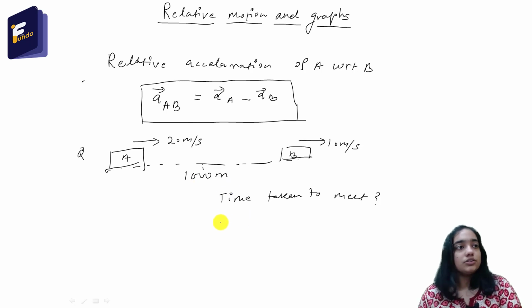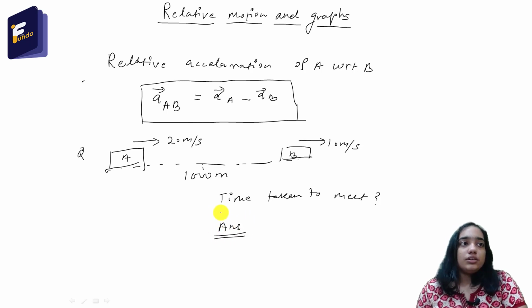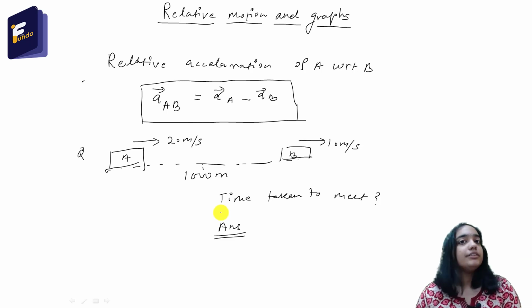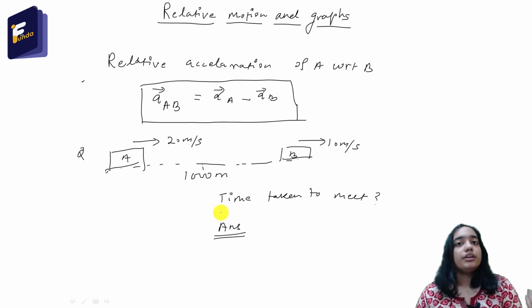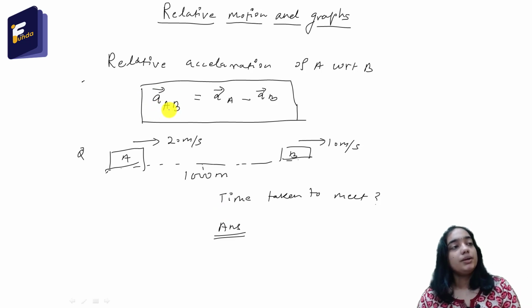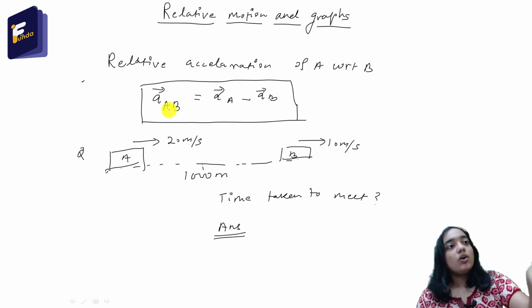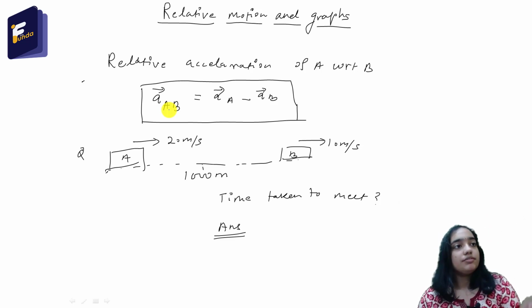Okay, so the answer to this question is, there are various ways to approach this question, but we will approach it with the help of relative velocity. So what is the meaning of relative velocity or relative acceleration? What is the meaning of the velocity of A with respect to B?